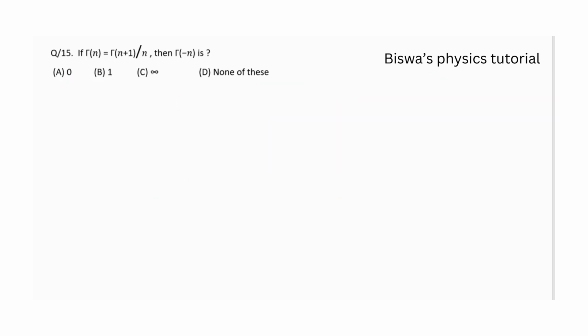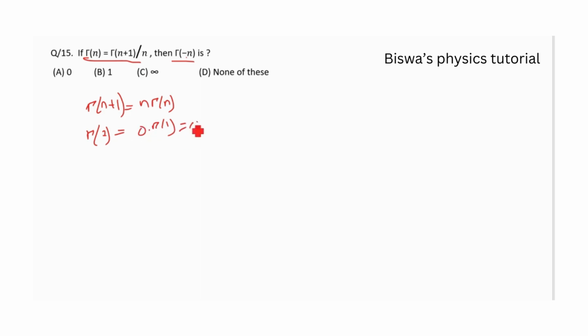Now question number 15. Here the gamma function is given, where our formula is gamma(n plus 1) is equal to n into gamma(n). The question is asking to find gamma of minus n. So in place of n we put 0, so it becomes 0 into gamma 1.